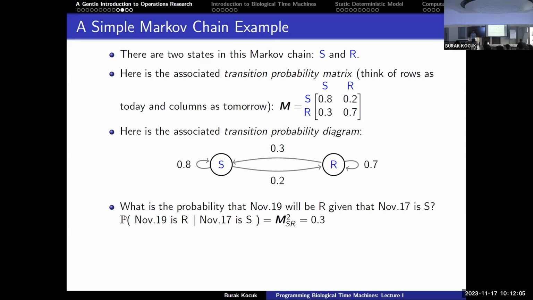So that's a really nice property of transition probability matrices. Suppose that you multiply this matrix with itself. You form another 2 by 2 matrix, and then you look at the sunny-rainy entry, and I did this, it turns out to be 30%.